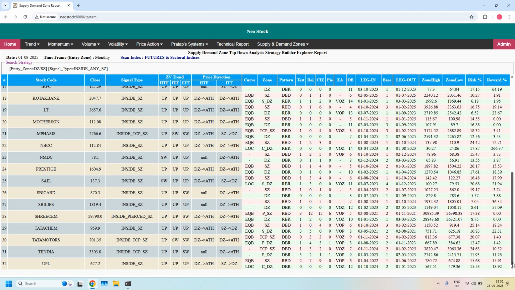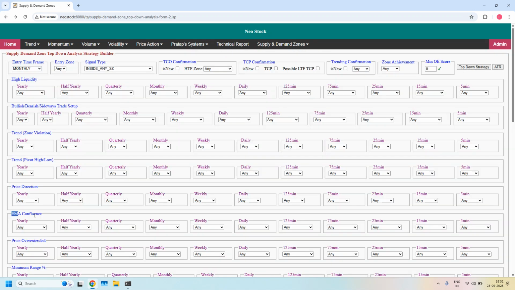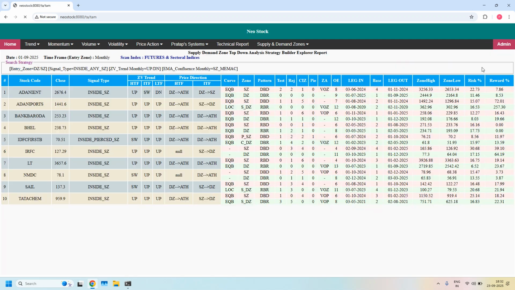We can further filter this list based on monthly supply zone having monthly EMA confluence. And also trend on the monthly should not be sideways. We got 10 stocks. So this is monthly time frame.